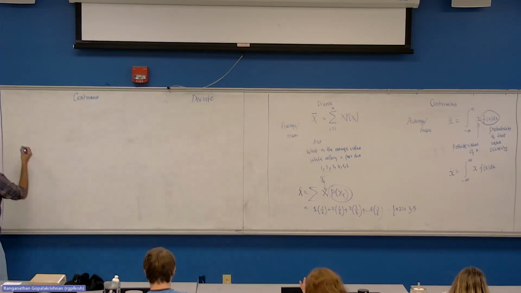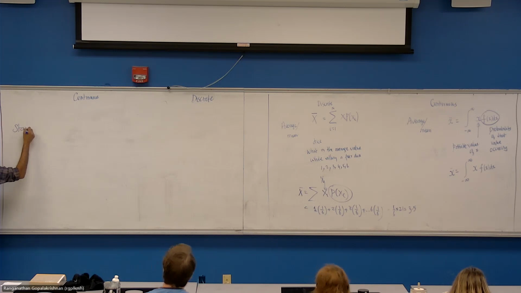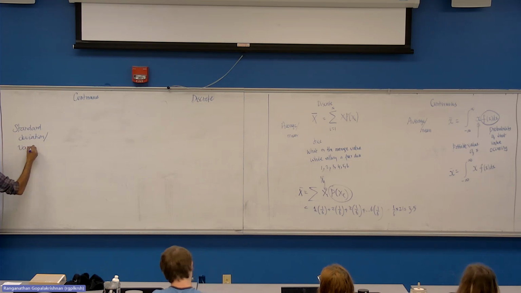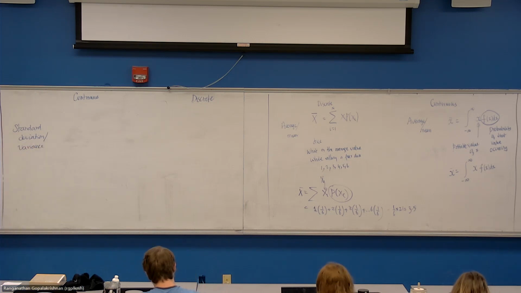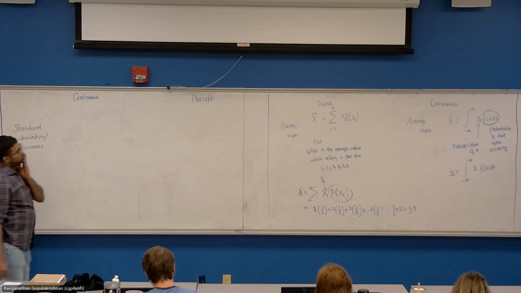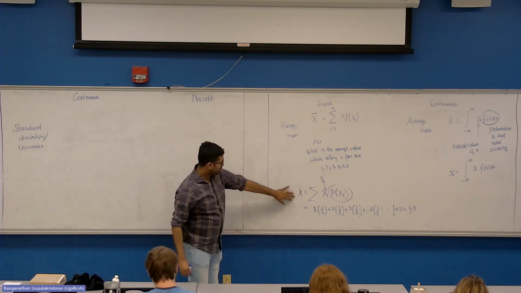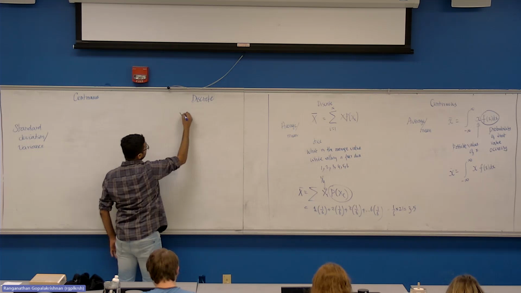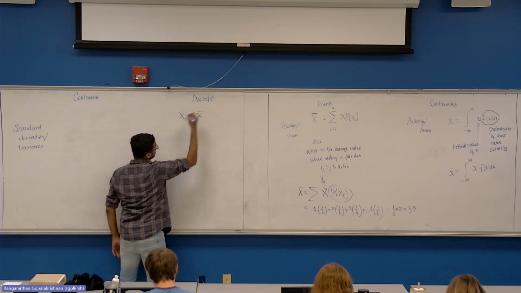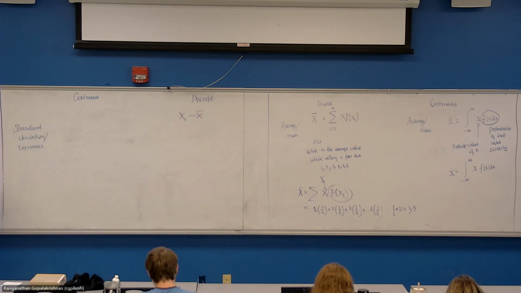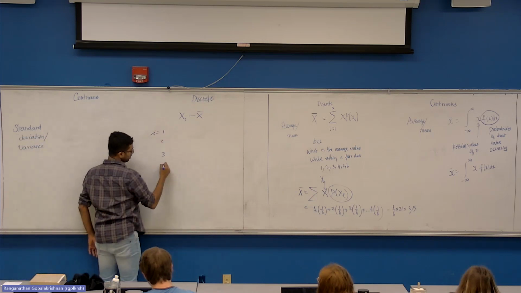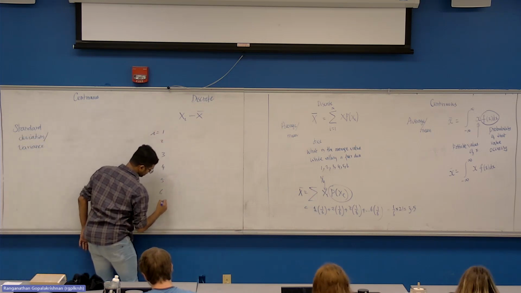So I'll write standard deviation or variance. So coming back to our example about x bar, if I think about xi minus x bar, let's say for i equals 1, 2, 3, 4, 5, 6.